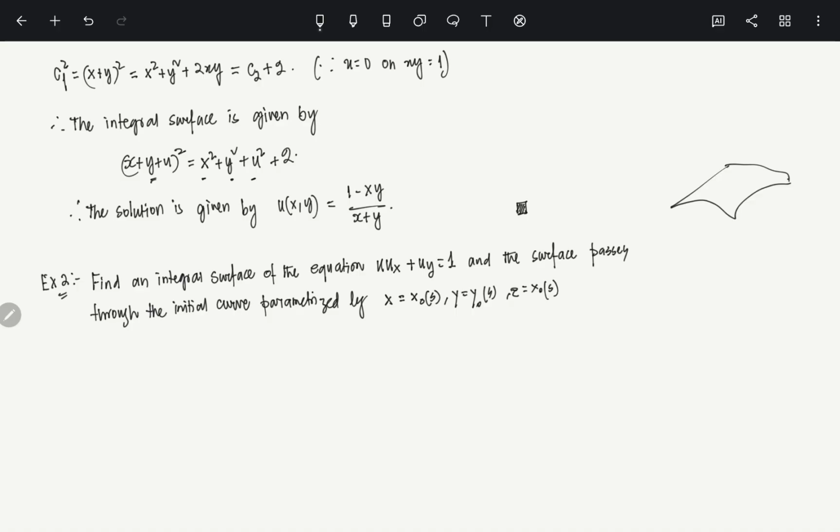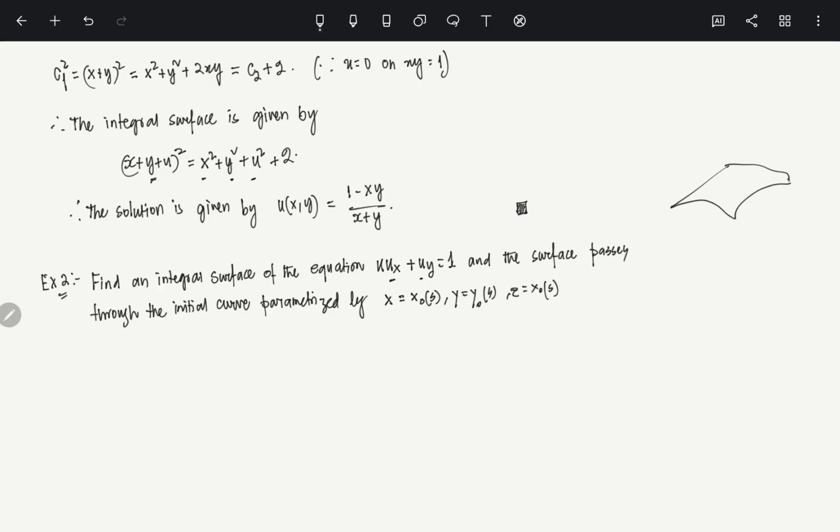Since this is a first order equation, the solution you get is continuously differentiable. So the integral surface you get is smooth.